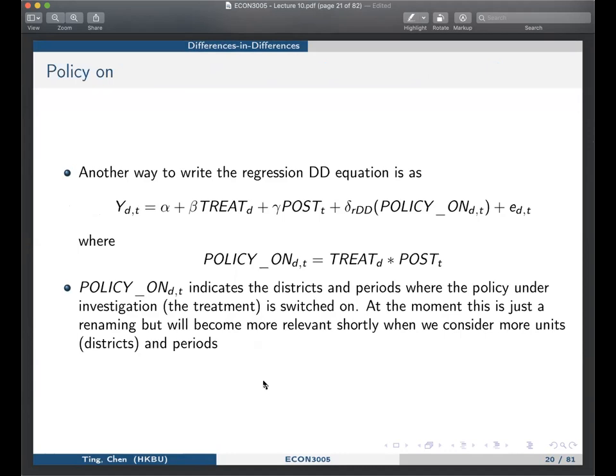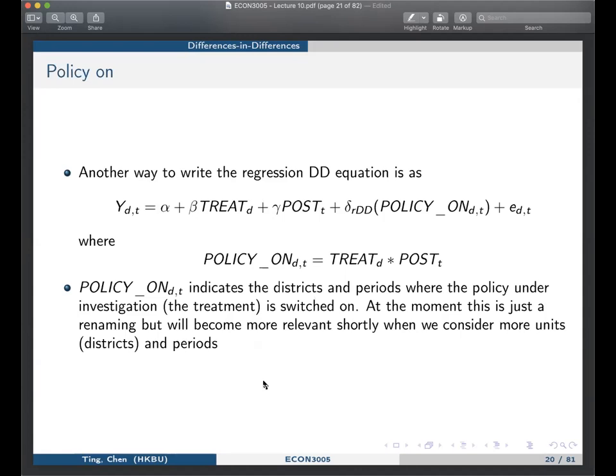There's another way we can write the regression DD equation. Instead of the interaction term of the treatment variable and the post variable, we can define a new variable called policy on.